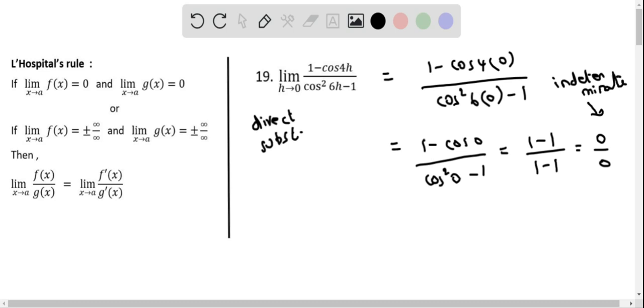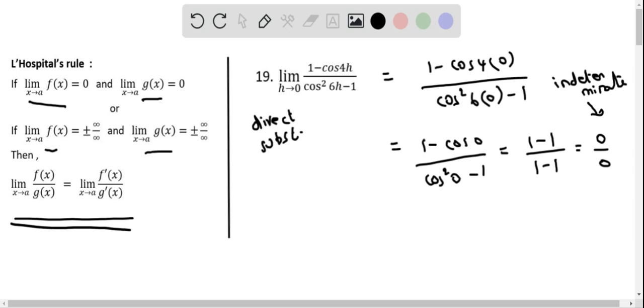And this means we can now apply L'Hopital's rule, because when we encounter any of the indeterminate forms, we can use L'Hopital's rule. The rule says that if the limit of f(x) as x approaches a equals 0 and the limit of g(x) equals 0, or the limit of f(x) approaches plus or minus infinity and the limit of g(x) as x approaches a is plus or minus infinity, then according to L'Hopital's rule, the limit of the rational function as x approaches a is equal to the limit of f prime of x over g prime of x.